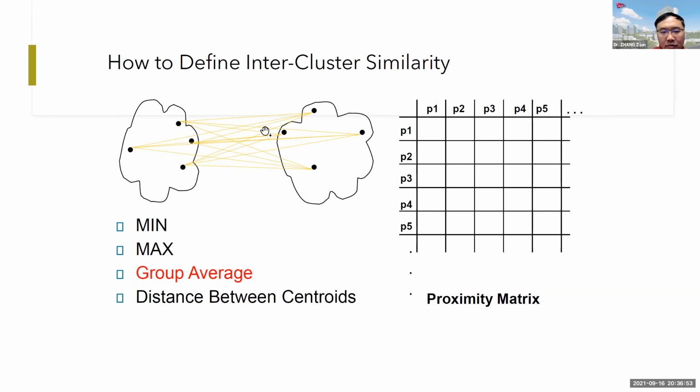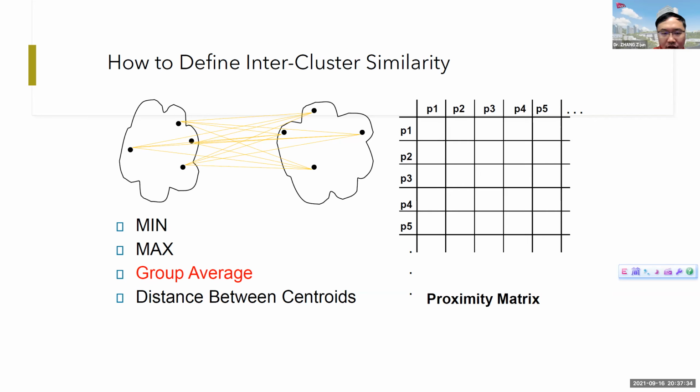The group average, we compute the link between everyone. There are different choices, so I need to describe the different choices. The last one is to compute the centroids of each cluster. For the group average, we consider all combinations of the pairs of data points in 2 clusters, and we compute the distance based on each combination.